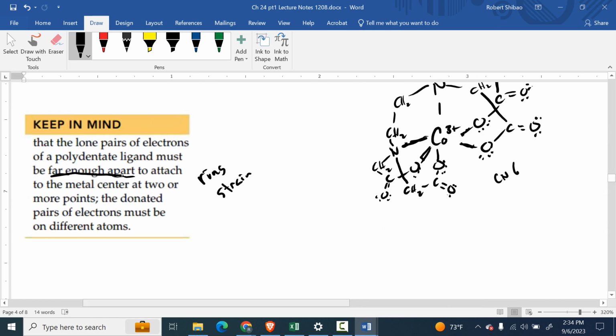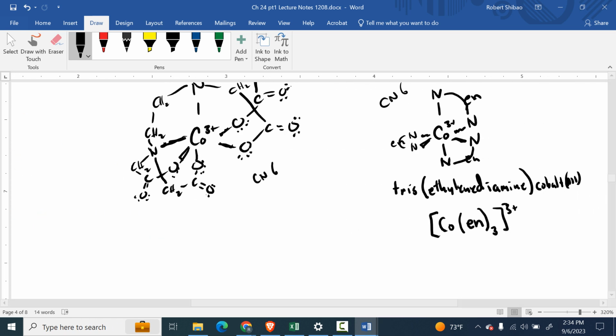The name of this one is a bit different, though. Okay, we can't use the abbreviation for the ligand, so we have to spell it out. So ethylene diamine is the same. Ethylene diamine with 1 M. Tetraacetato. This is all one word. Tetraacetato.